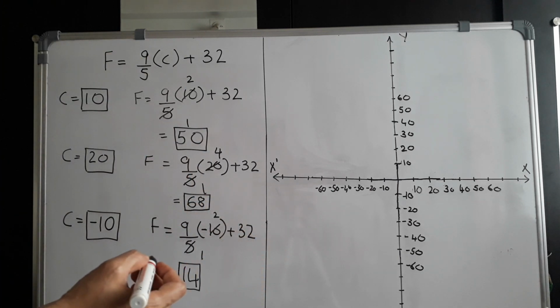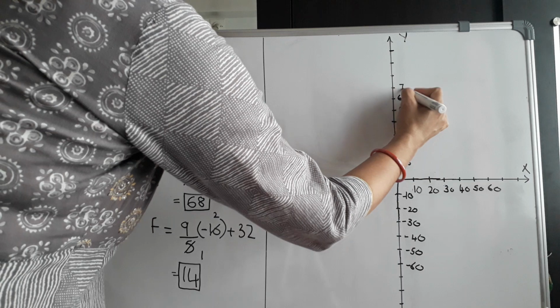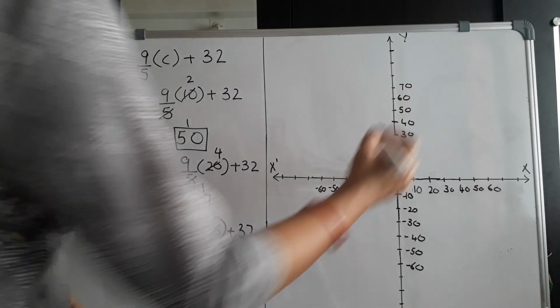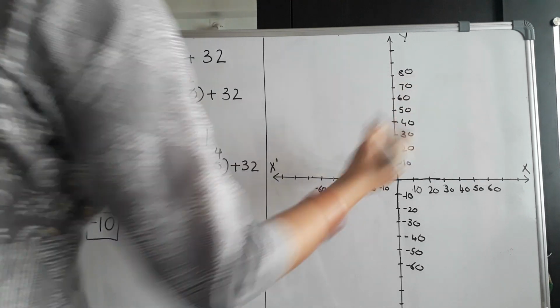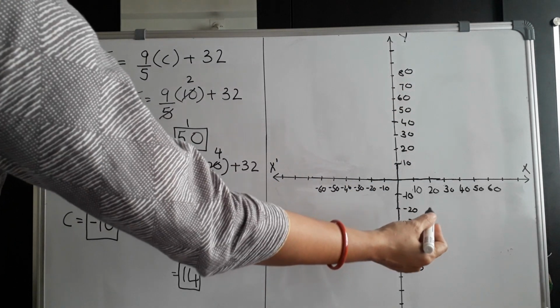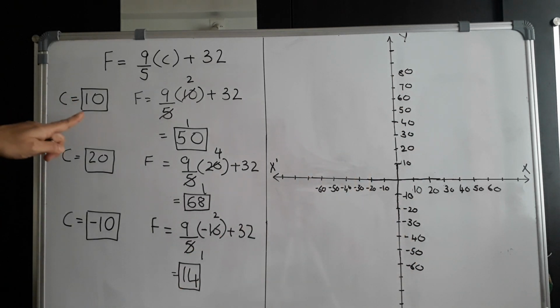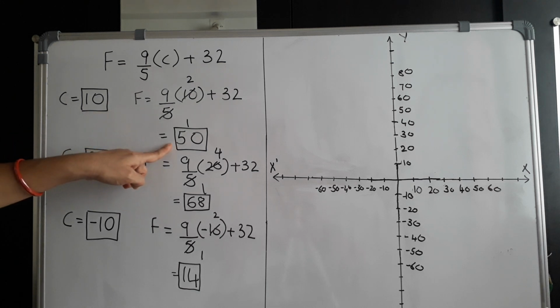Okay, let's mark till 70 maybe, because here we have a value of F 68. We are taking Celsius on the x-axis and Fahrenheit on the y-axis. So Celsius on the x-axis means x-axis 10 and y-axis 50.